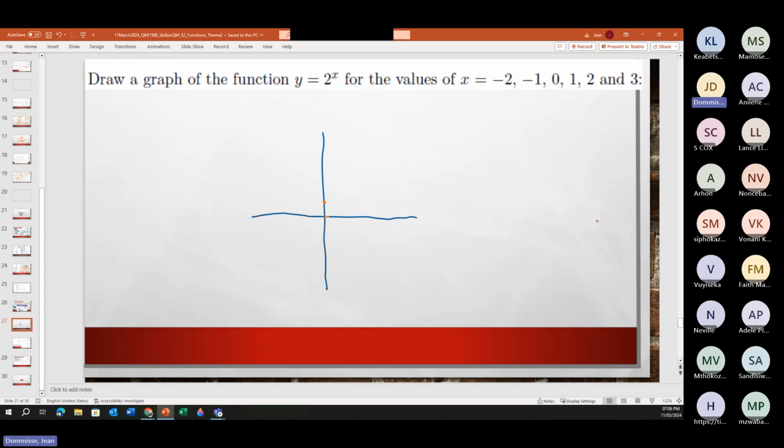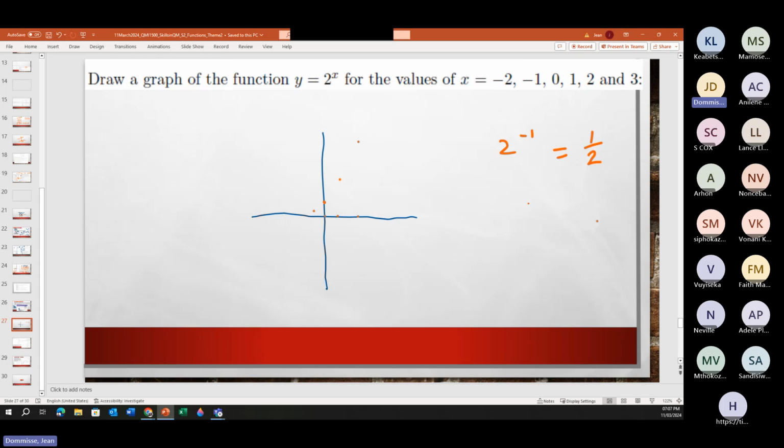So where x is 1, y will be 2. Where x is 2, y will be 4. Where x is minus 1, 2 to the power of minus 1 is a half. So where x is minus 1, it will be a half.